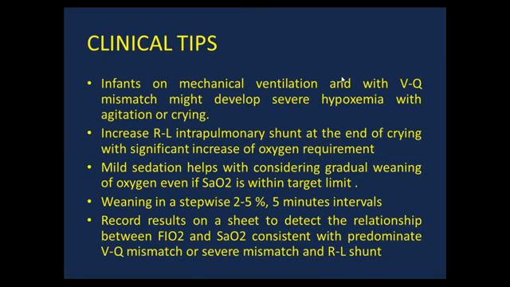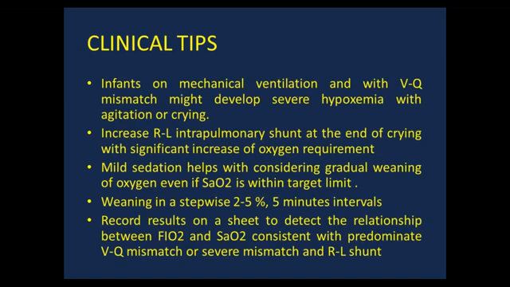Clinical tips: infants on mechanical ventilation with ventilation perfusion mismatch might develop severe hypoxemia with agitation or crying. Increased right to left intrapulmonary shunt at the end of crying causes a significant increase in oxygen requirement. Mild stimulation helps with considering gradual weaning of oxygen even if arterial saturation is within the target limit.